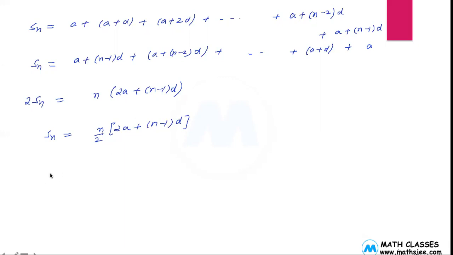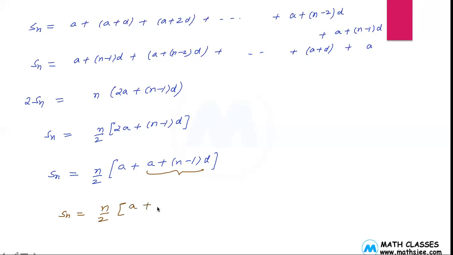First is this, and also we can say this is n by 2 into (a plus a plus (n minus 1) into d). This is the nth term, or basically for us the last term. So we can also write Sn as n by 2 into (a plus the last term).